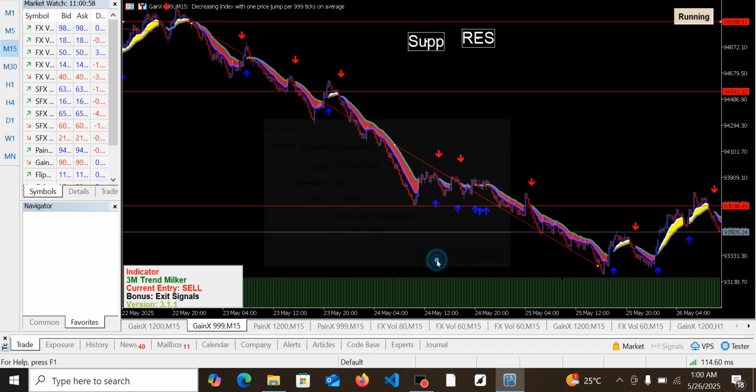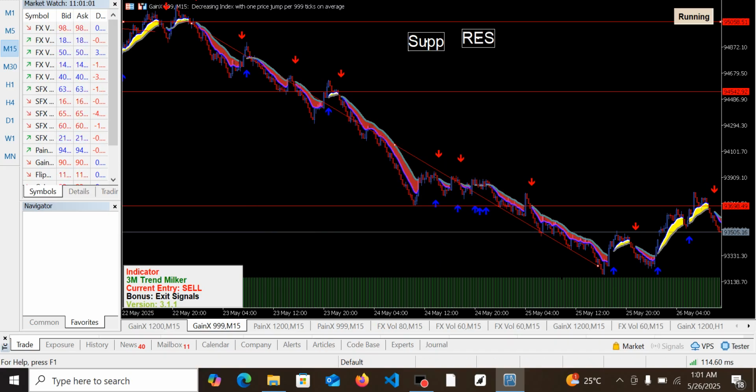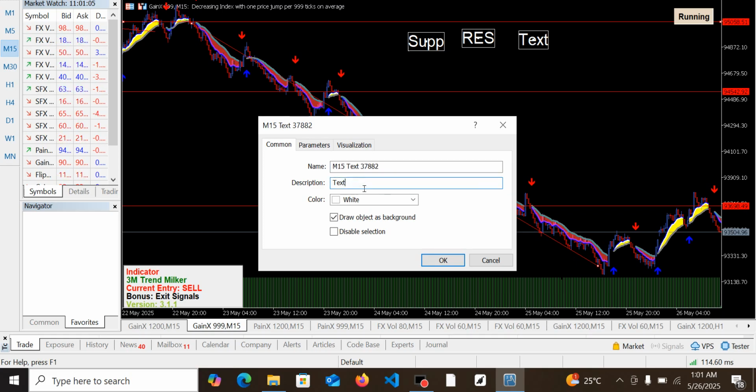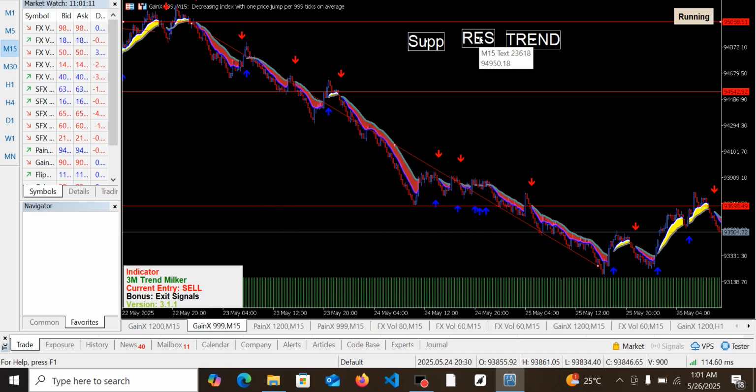And of course the last one, which is very, very important, is your trend. Of all these three, this is the most important part. The trend is more important among the three items which I have listed right here.